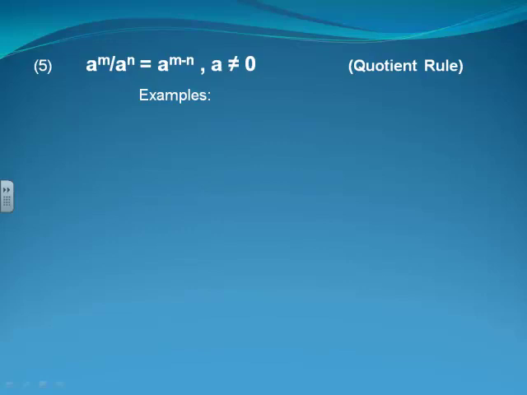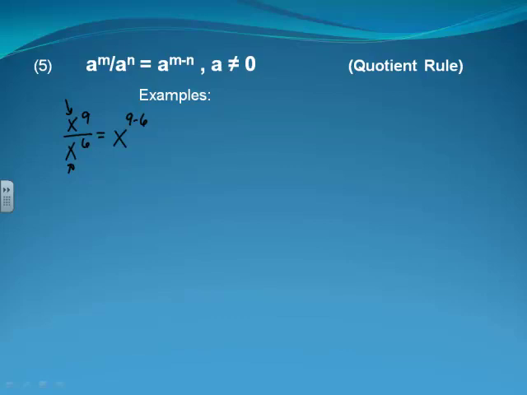Let's say, for example, you were asked to simplify x to the 9th divided by x to the 6th. Notice that the base is the same, and it's a division problem, so that falls in this category. We can rewrite that same base and subtract the numerator exponent by the denominator exponent.